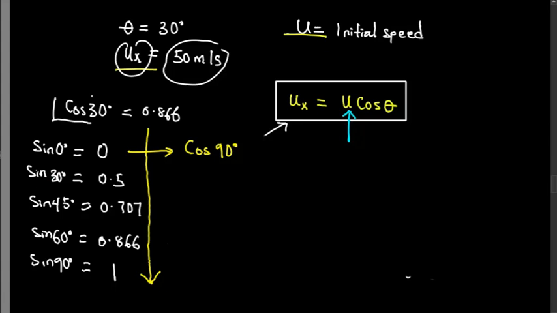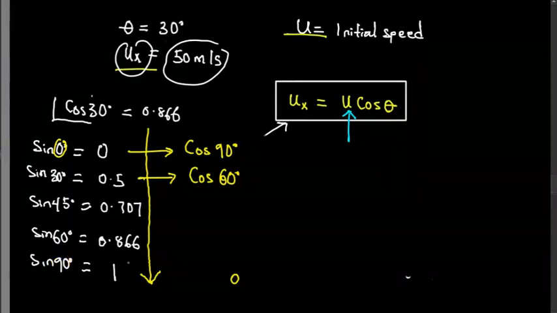Sine 30 is going to be the same thing as saying cos 60 degrees. You just invert it. If you look very well, we had 0 at the top for sine, but we're going to have 0 at the bottom for cos. We had 90 at the top for sine, and we're going to have 90 at the top for cos. Do you see how we're inverting?